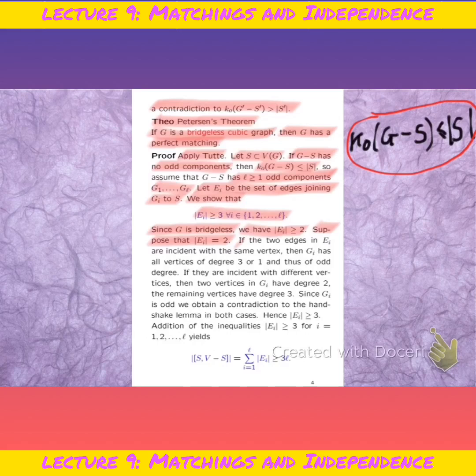Right, now let's see what happens if 2 edges in Ei are incident with the same vertex. Well then, Gi has all vertices of degree 3 or 1, and thus of odd degree.